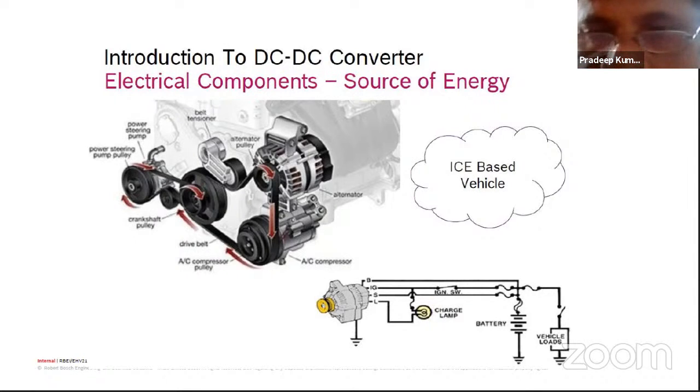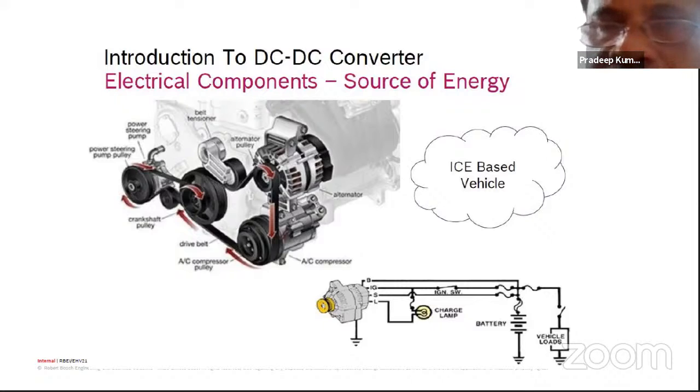This 12-volt battery is available even in the electric vehicle, in addition to the high voltage battery. The purpose of this 12-volt battery is to supply all the small vehicle loads: the wiper systems, the power windows, and so many small electrical equipments in the car.